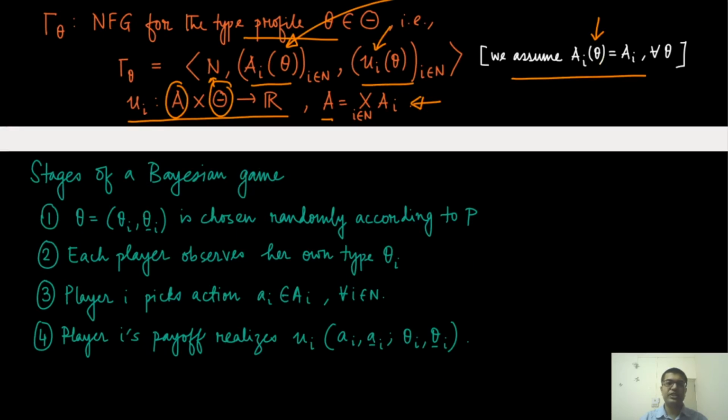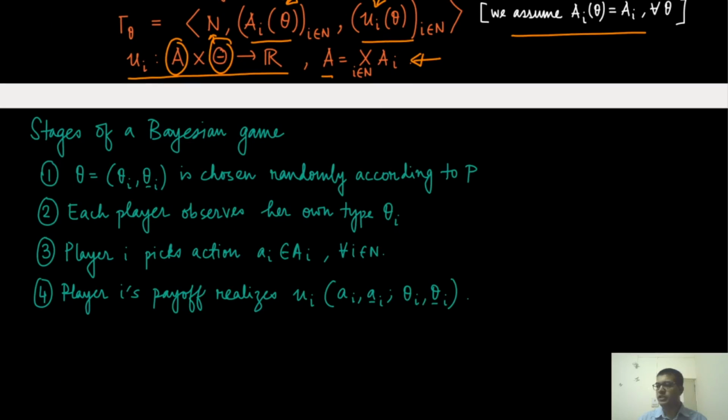Now, what are the different stages of this Bayesian game? First, with the common prior assumption, these theta i's are generated with respect to this common prior P, and then every player just observes its own component. It cannot observe other players' components.